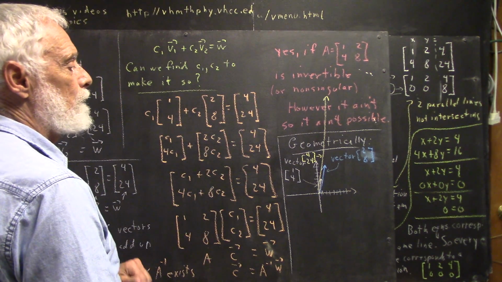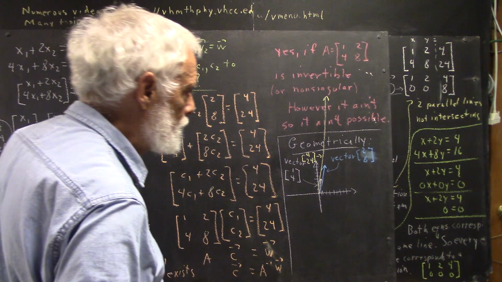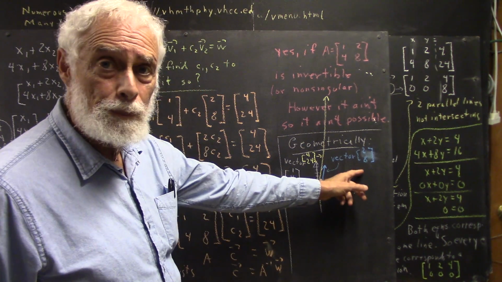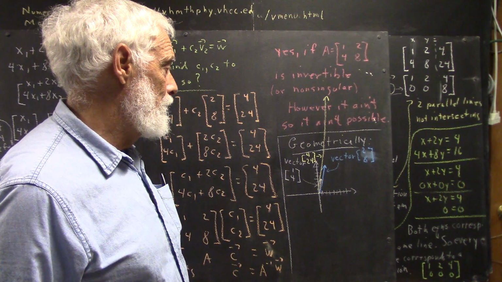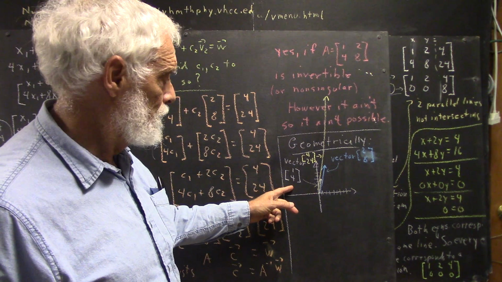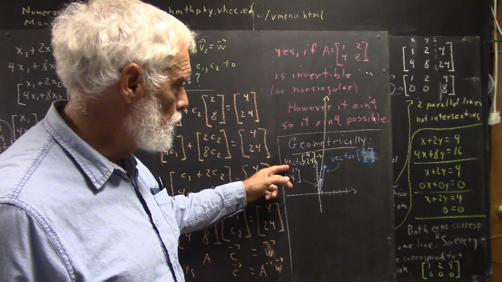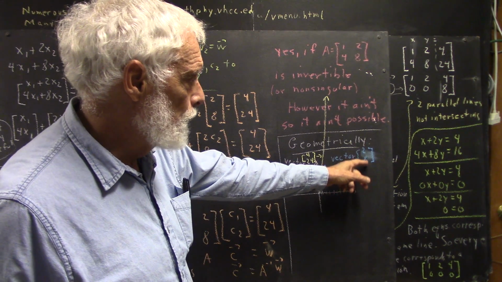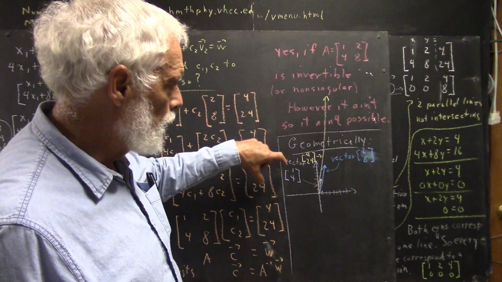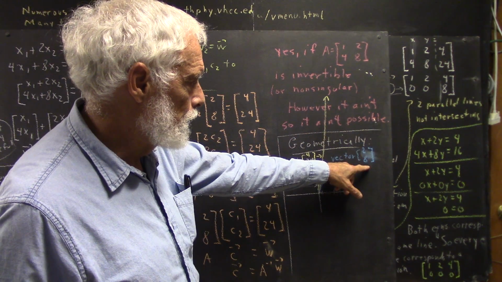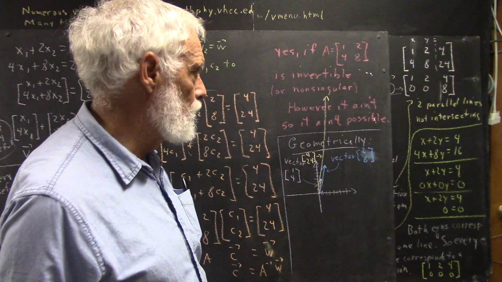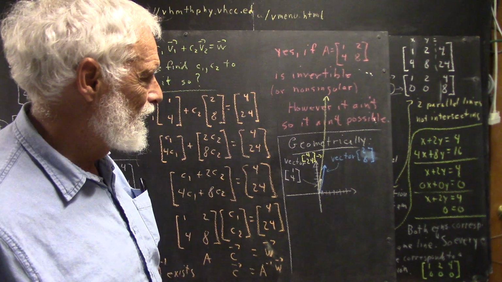Now, if you think about it, adding multiples of these 2 vectors, this vector has a second component 4 times the first. The same is true of this vector. Anything I can get by adding multiples of these vectors is going to have its second number 4 times the first. Okay?